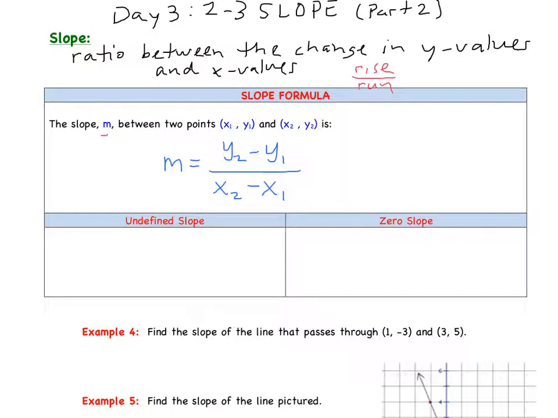Okay, so now let's just talk about specific types of slopes. So the first specific slope is an undefined slope. An undefined slope is the slope of a vertical line.